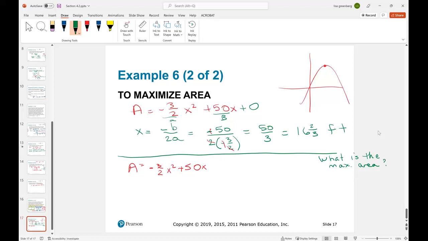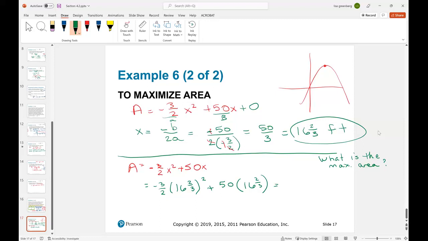And we just plug in our 16 and 2/3 feet. So this becomes minus 3/2 times 16 and 2/3 feet squared plus 50 times 16 and 2/3.